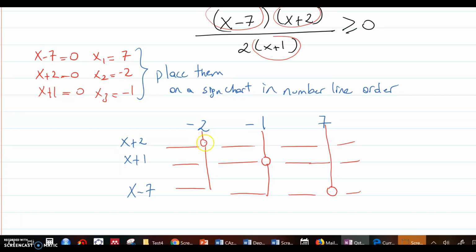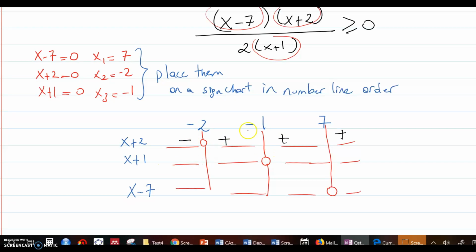So I know that negative 2 is a root for x plus 2. So I'm just interested in each root's left and right hand box. So for x plus 2, numbers greater than negative 2 will be the same as its leading coefficient sign, which is positive. And the other side of the box will be the opposite. So that will be negative.